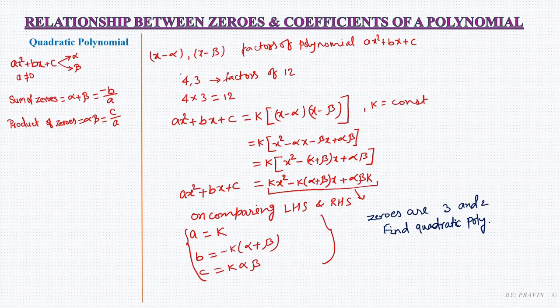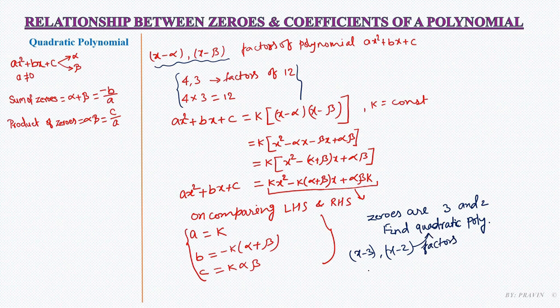Based on this concept, you can say x - 3 and x - 2 are factors of the polynomial.